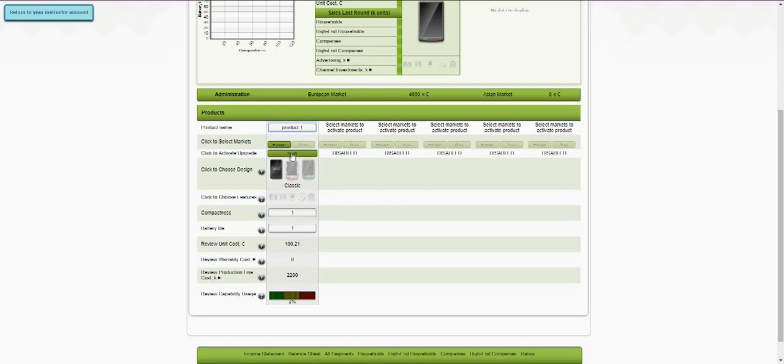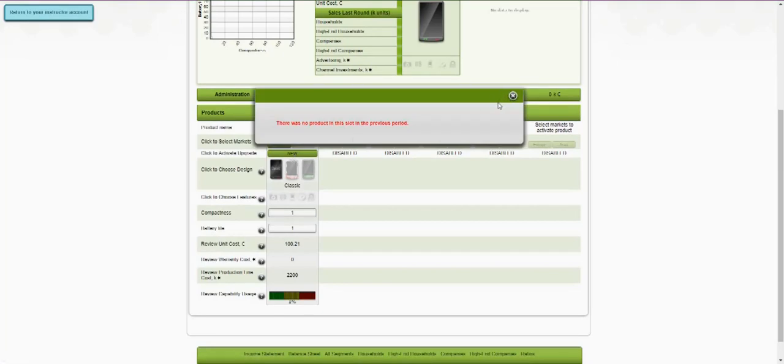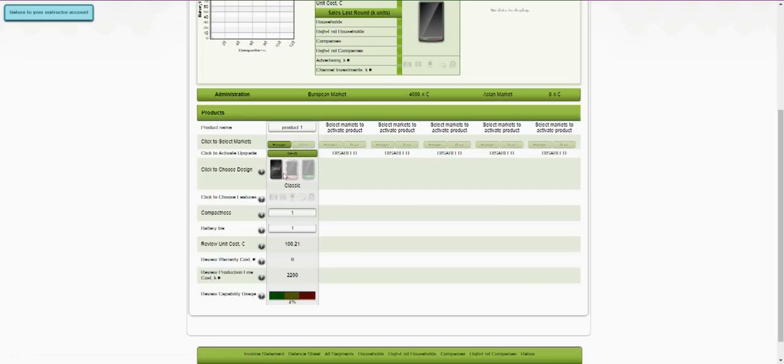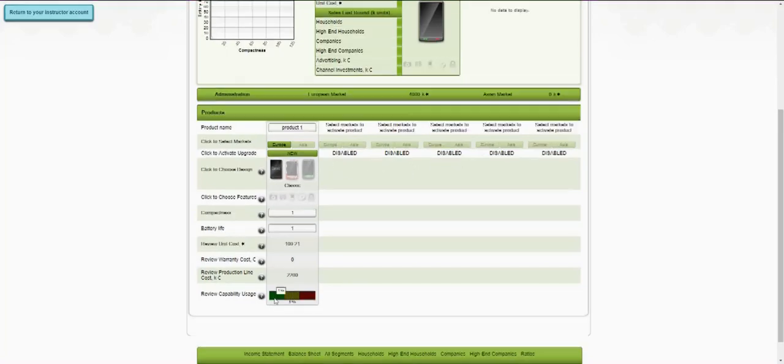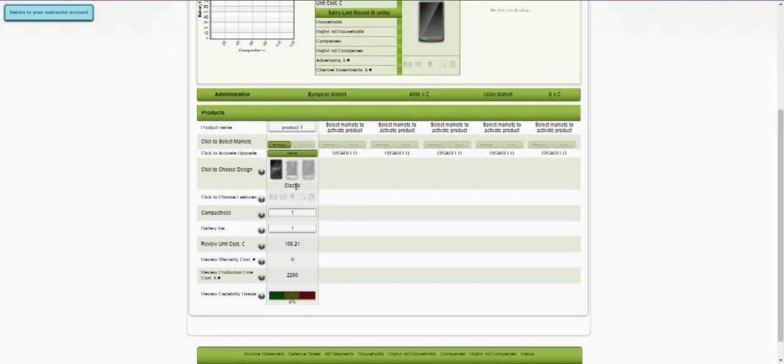So we're going to say it is new here, but in future rounds, if you're going to make another product, you can choose to enter a new product and create an additional product rather than deleting a particular product line. So it's really important that you think about how many products you have and whether you want to save them in the market, whether you want them to be the same name, or whether you want to change the product.